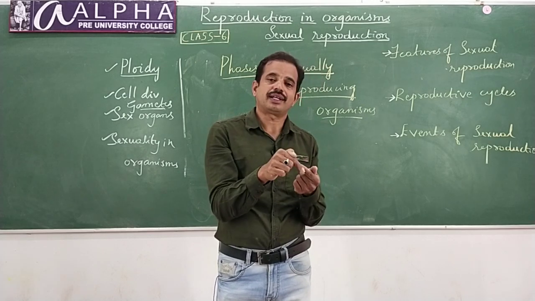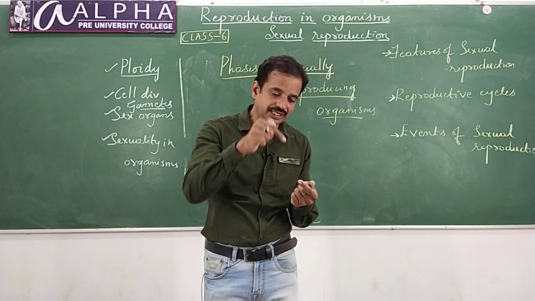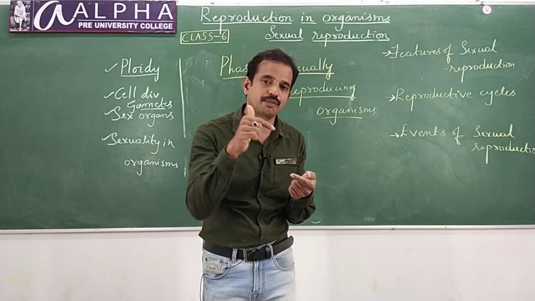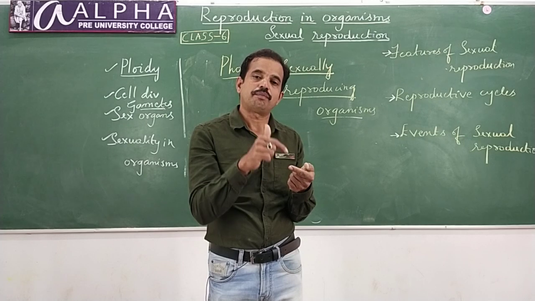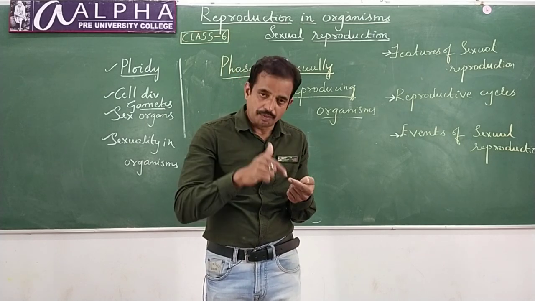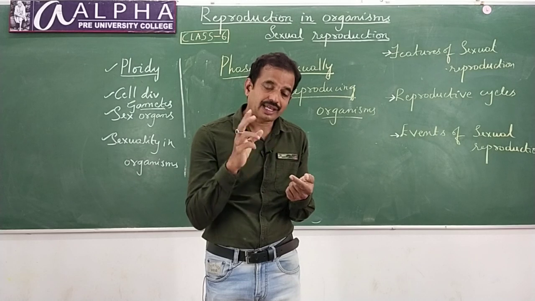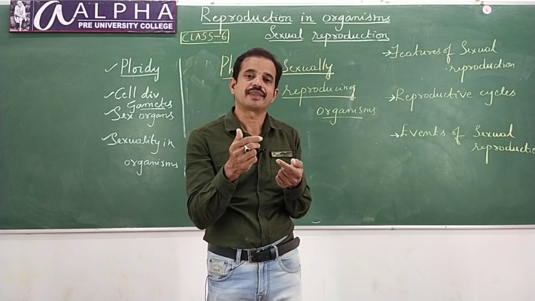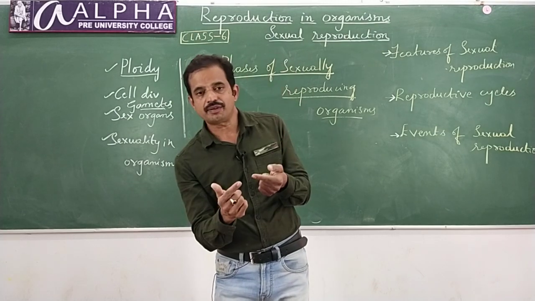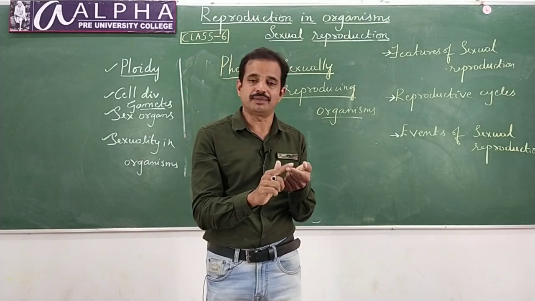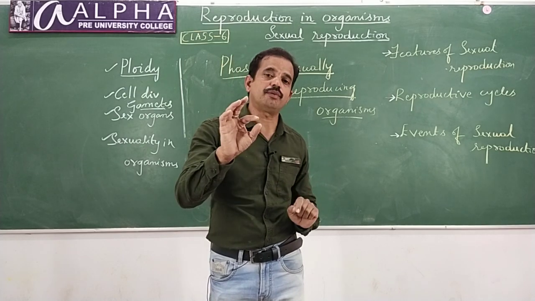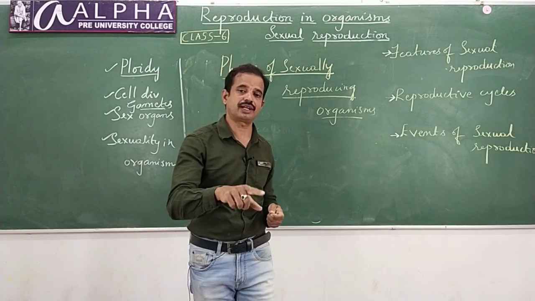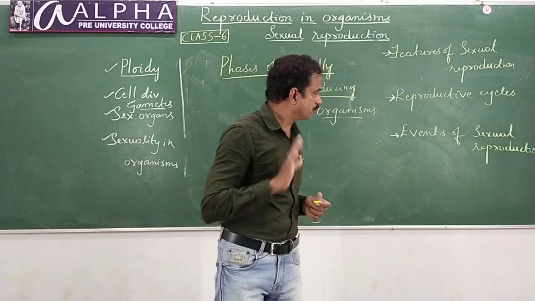When it is the same parent, when the animal is hermaphrodite, or when a plant has both male and female reproductive structures, bisexual structures, both types of gametes are formed on the same plant. Both sperm and ova are formed in the same animal in the case of hermaphrodites. So in the second point, gametogenesis, the process of formation of gametes, the gametes may be formed by the same parent or different parents. That should be clear for you.